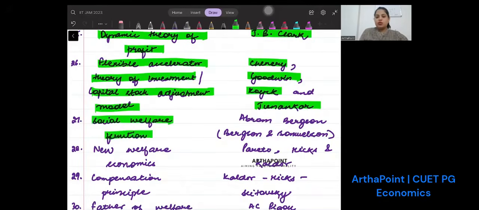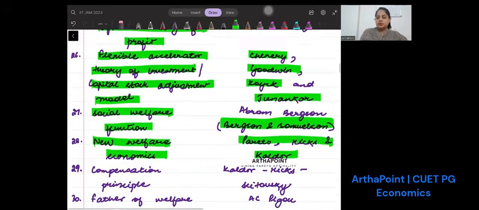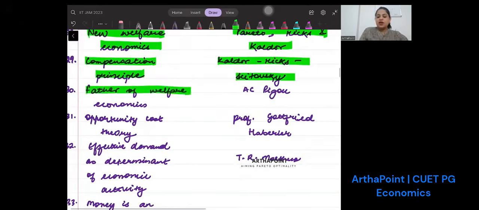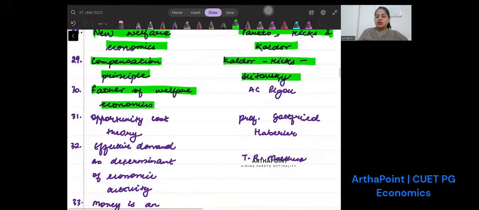Social welfare function was given by Bergson and Samuelson. New welfare economics is given by Pareto, Hicks, and Kaldor. Compensation principle is given by Kaldor, Hicks, and Scitovsky. Father of welfare economics is A.C. Pigou.